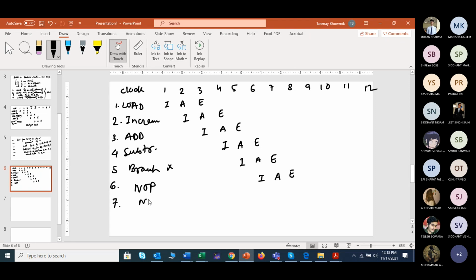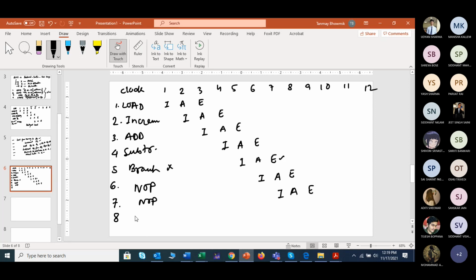Seventh, again NOP: I, A, E. And then on the 8th, you can check your branch was executed here. On the 7th clock pulse, your branch instruction execution was scheduled. Now you have given one NOP, you are in the 8th phase. You have given another NOP; you start from 7th and complete in 9th.